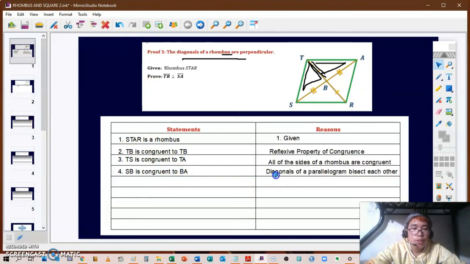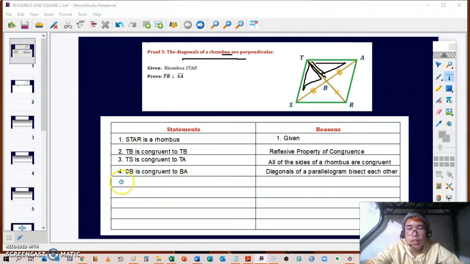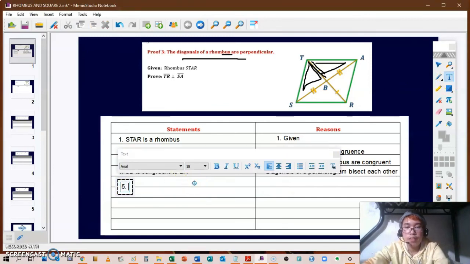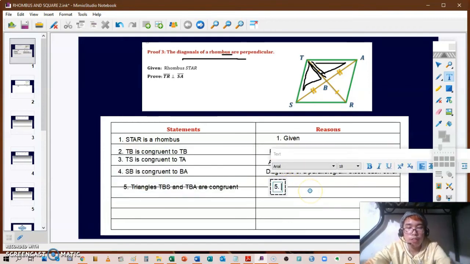Therefore, for number 5, triangles TBS and TBA are congruent. The reason for number 5 is the side-side-side triangle congruence postulate.